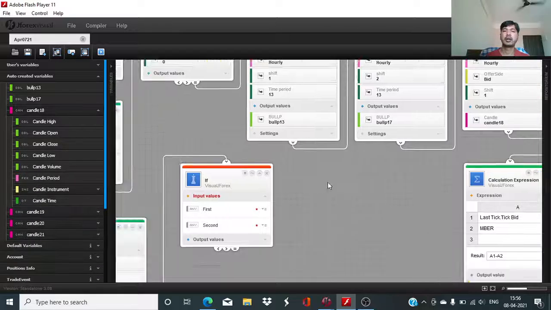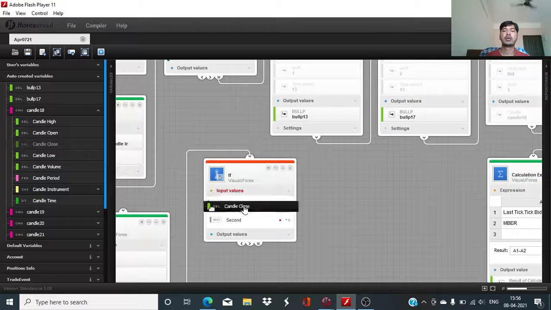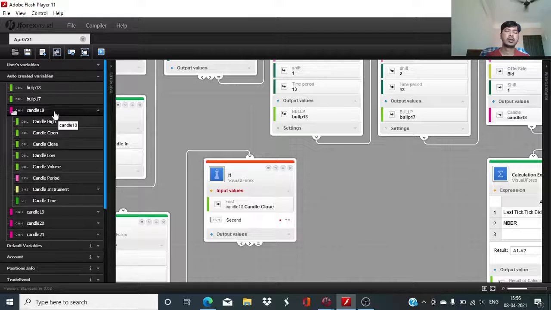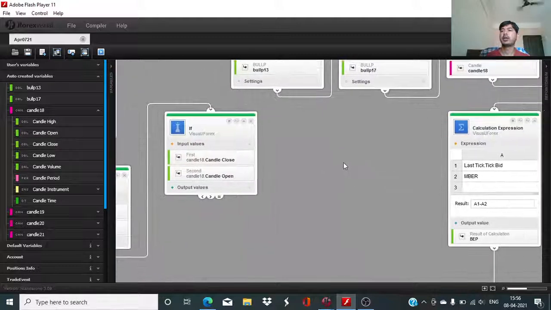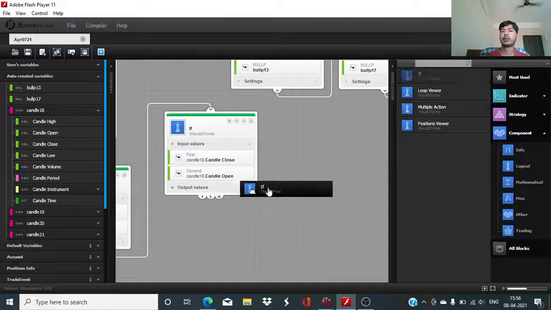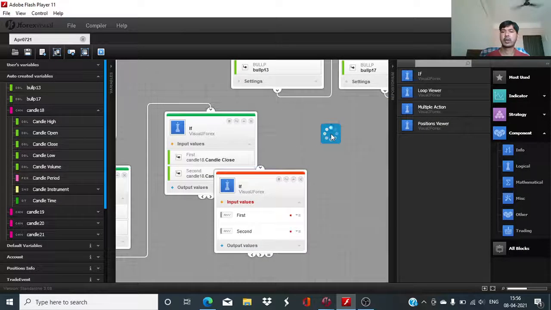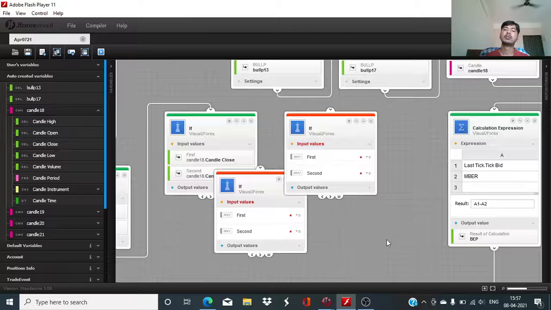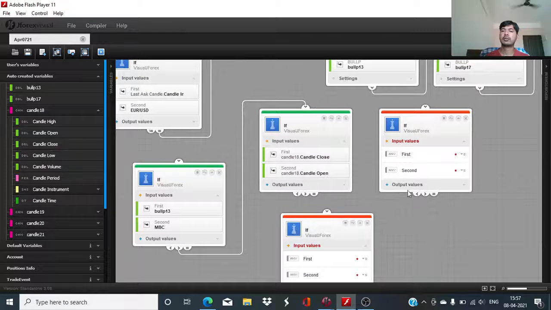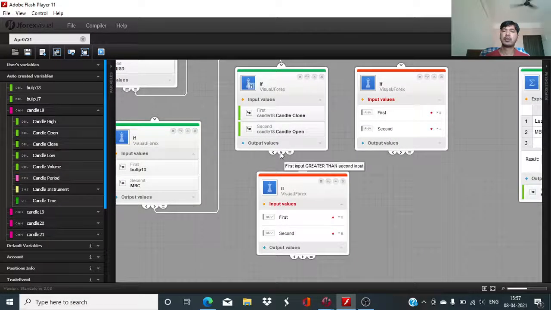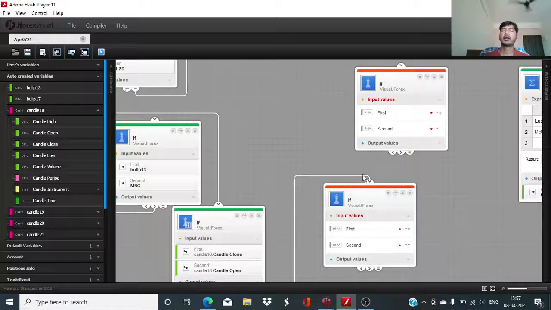Candle 18 close should be above its opening price. Okay, first input greater than second input.